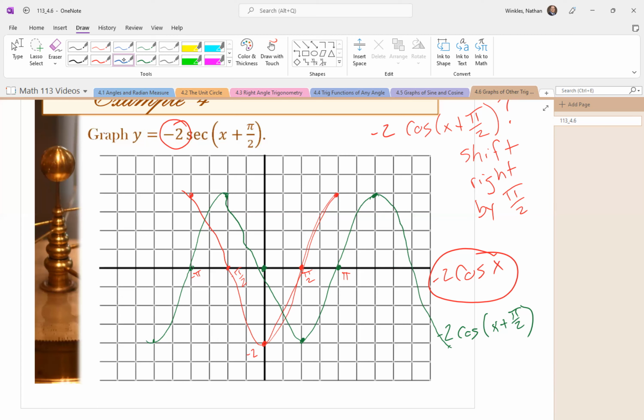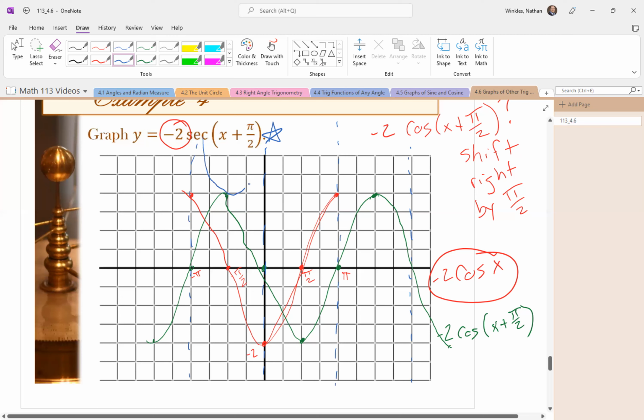Then if I were to draw this one now, -2 secant of x plus pi over 2, we would literally draw this. We have our asymptotes everywhere there is a 0. Then this graph comes in and does this. This one does this.